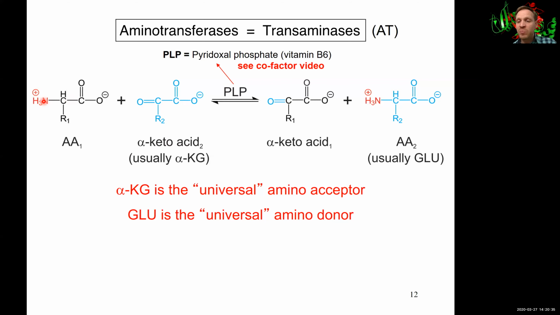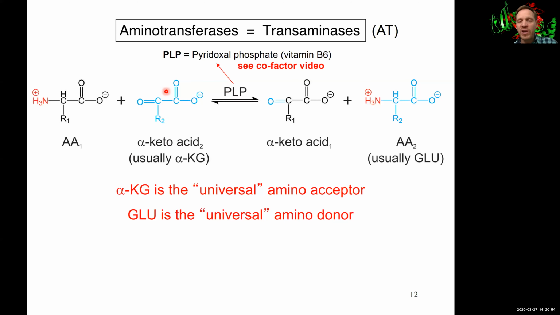Then the protein will take in its second substrate, the keto acid, and PLP will give over the amino group. So it's a critical cofactor by simply keeping the amino group in place until the entire reaction has concluded.